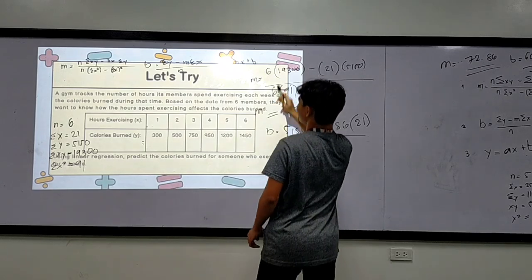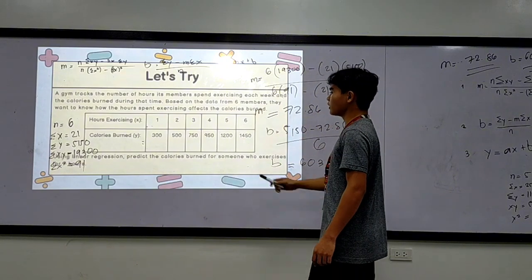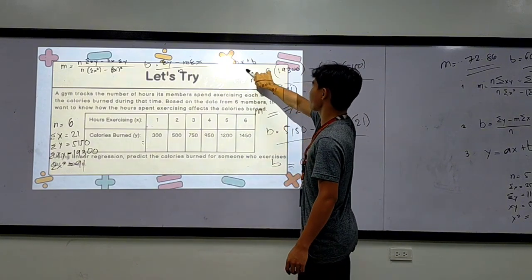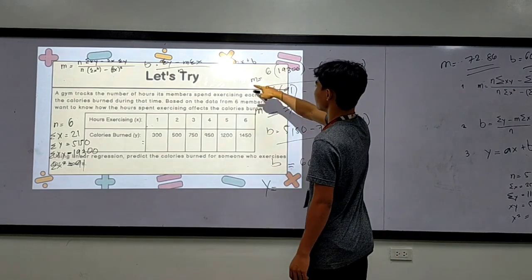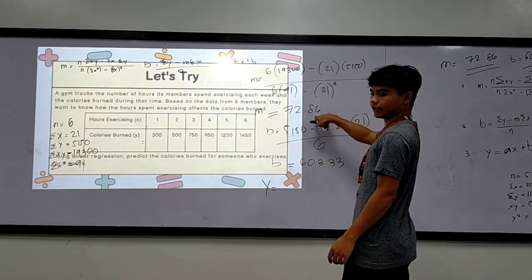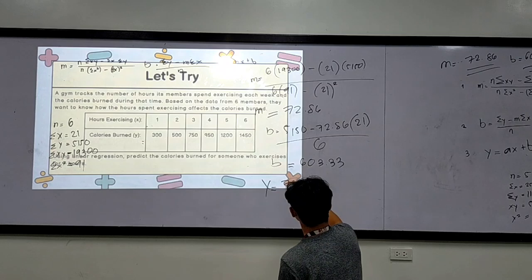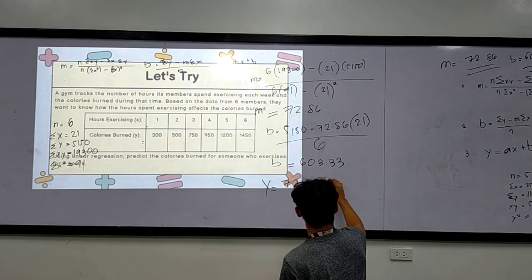So the main formula for linear regression is y is equal to mx plus b. So y is equal to m, where m is 72.86, times x.